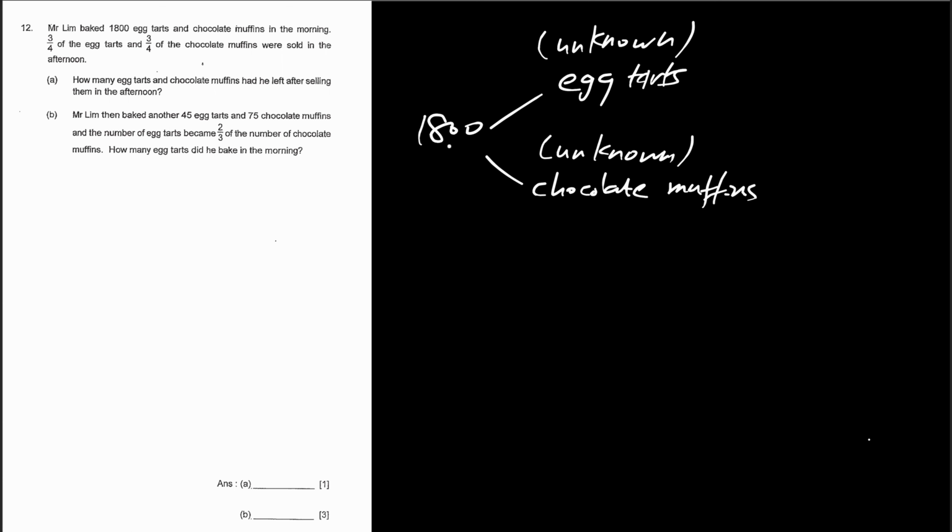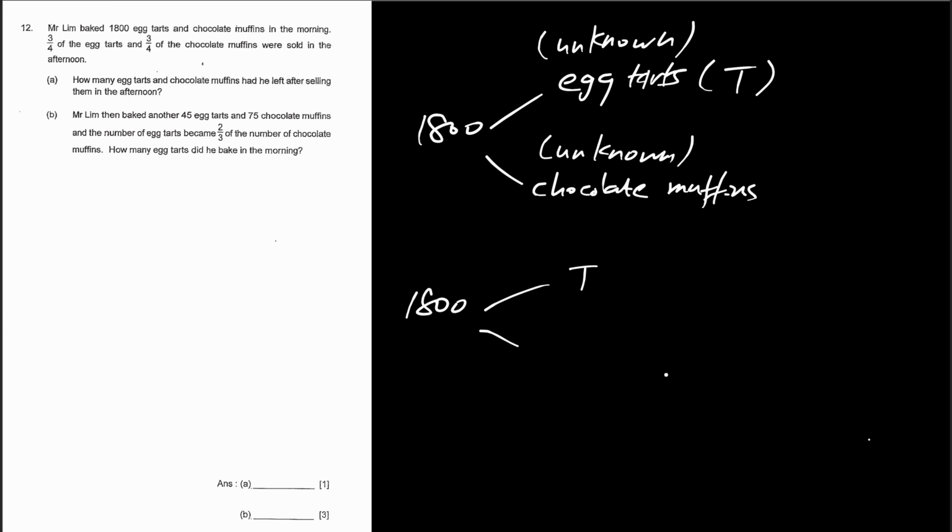So when you have unknowns, what I usually do is I put egg tart as T. I use T to represent egg tart. So now I'm trying to simplify. You start with 1800, and this is egg tarts.